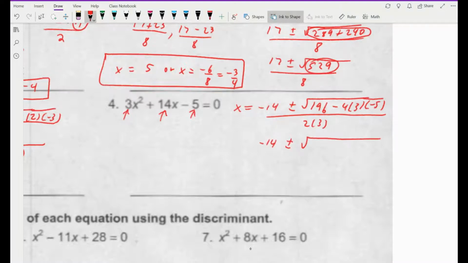Now we get 196 inside the square root, plus 60. So we get 256 in the square root, which is a square number, over 6. The square root of 256 is 16.